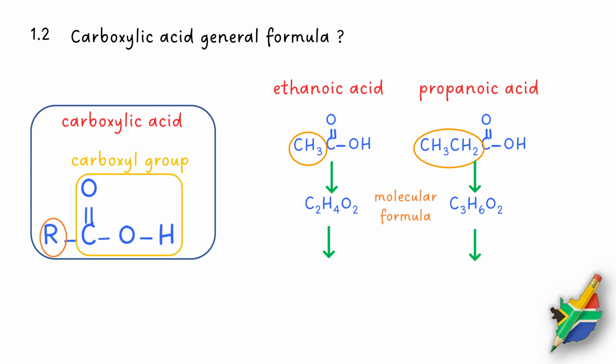Notice that if we simplify these two formulas, we get the same general formula, CnH2nO2, where n is the number of carbon atoms. This is the general formula of carboxylic acids. So the answer is C.